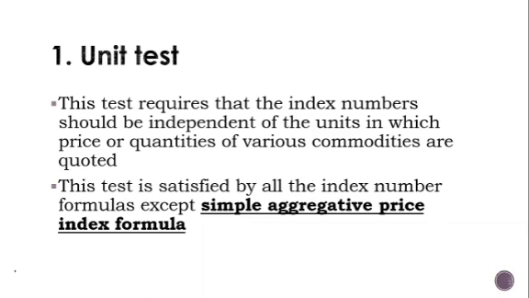This test is satisfied by all the methods of index number except the simple aggregative price index formula. So apart from that, all other methods satisfy it. So you do not have any problems under this. You will only get a 1 mark question where they will ask which price index does not satisfy the unit test. You should know it is the simple aggregative price index formula.